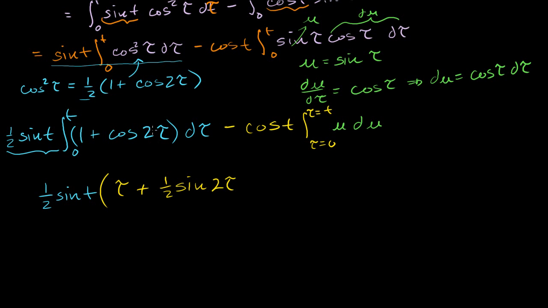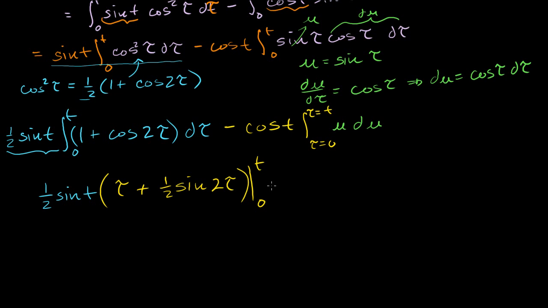I mean, we could have done a u substitution, saying u is equal to 2 tau, but I think you could do that from recognition. And if you don't believe me, just take the derivative of this. The derivative of 1/2 sine of 2 tau: you take the derivative of the inside, that's 2, so the 2 and the 1/2 cancel out, and then the derivative of the outside, so cosine of 2 tau. And you're going to evaluate that from 0 to t.